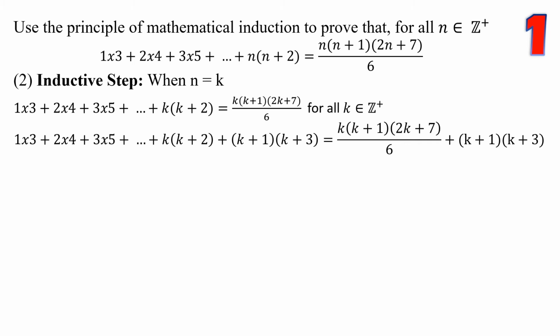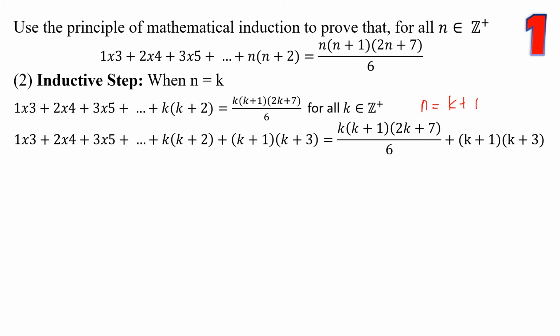After assuming that when n is equal to k is true, then we're going to prove that the statement is true where n is equal to k plus 1. We're going to add the next integer. Hence, we have 1 times 3 plus 2 times 4 plus 3 times 5 until k times k plus 2 and the next summand, that is n equal to k plus 1.